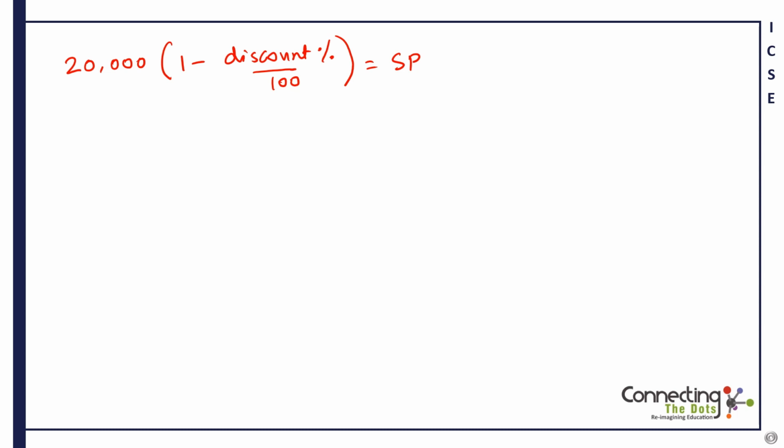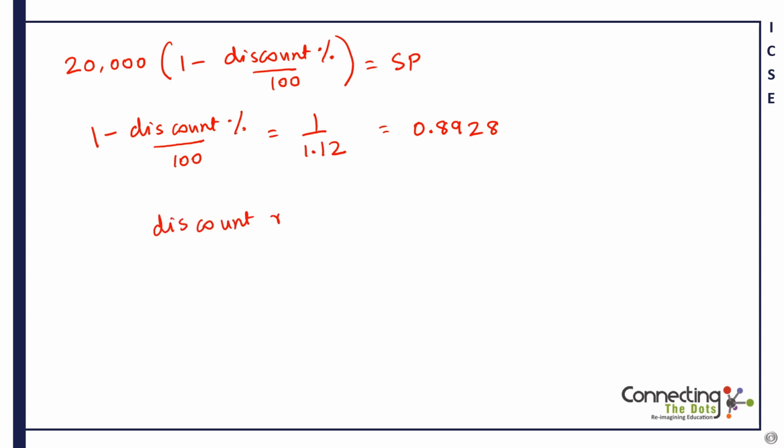So using this equation, we can say that 1 minus discount rate becomes 1 by 1.12, and that is equal to 0.8928, and therefore discount rate is 1 minus that, and that is 0.1072 or 10.72%.